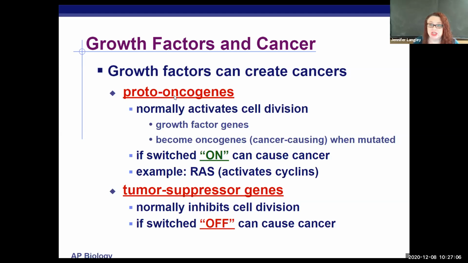If there's a mutation in this gene, then it's saying divide, divide, divide. And normally our tumor suppressor gene says stop dividing. But it can't keep up. If this is turned on and left on, this may not be able to keep up. Also, if this is on and this is off, that means it's not telling it to stop.